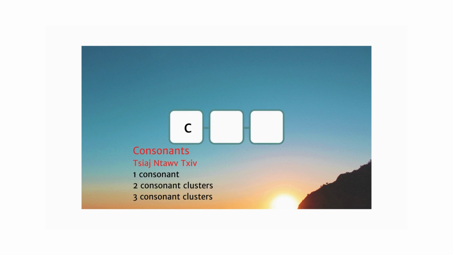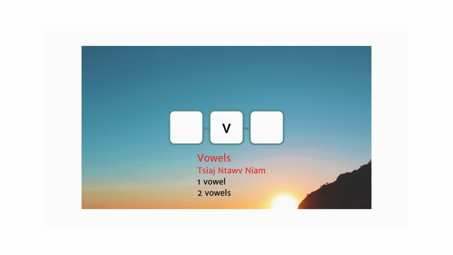And even though it's not in this video, Hmong words also have 4 consonant blends. Hmong words almost always have a vowel in the middle, and that can consist of 1 single vowel or a double vowel. Very, very few Hmong words do not have a consonant or a vowel.